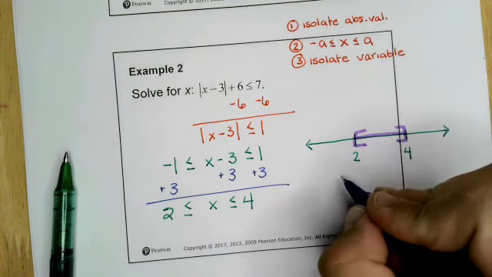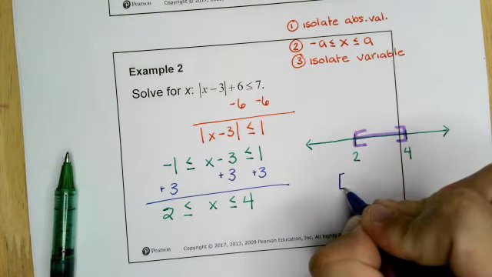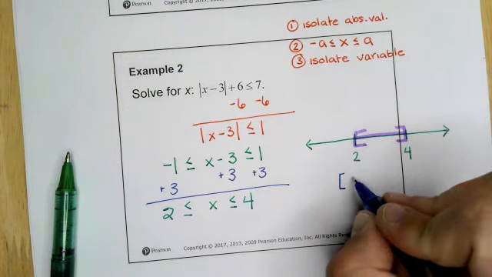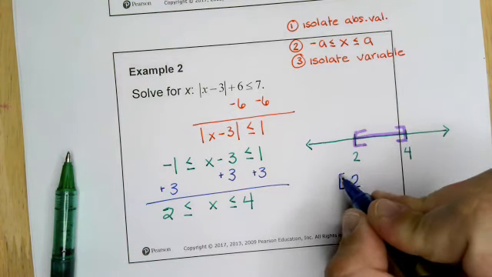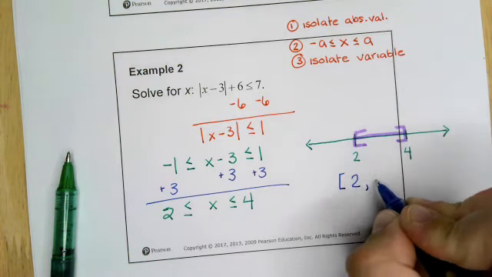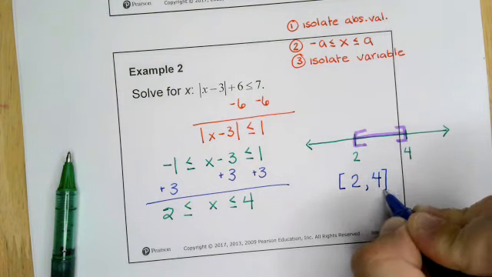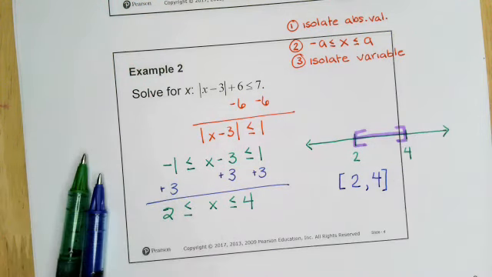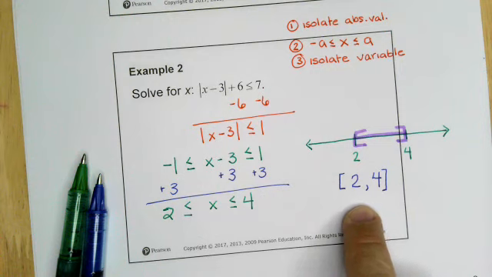And how would I write this in brackets? So including 2, starting at and including 2, ending at and including 4. Sorry guys, I think I called this set notation, it's interval notation.